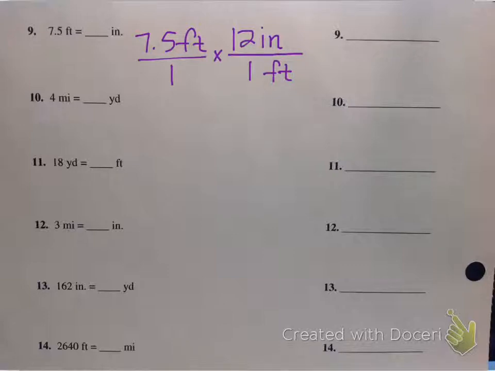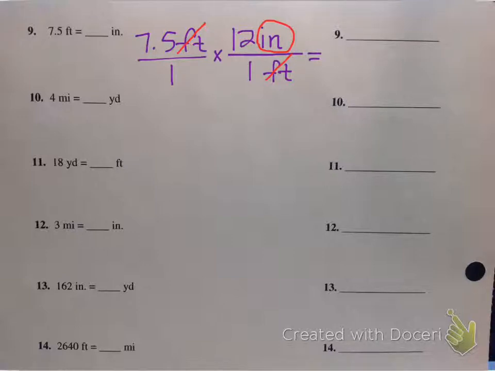Now, the reason why I put the feet on the bottom is because when I'm working with fractions, as you know, if I have something on the top and it matches something on the bottom, they cancel each other out. We usually do this with numbers, but you can do this with units as well. And what that leaves me with is the unit that I want, which is inches. So now, all I have to do is the math.